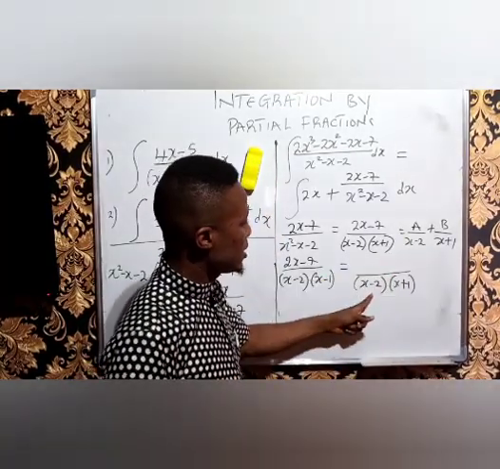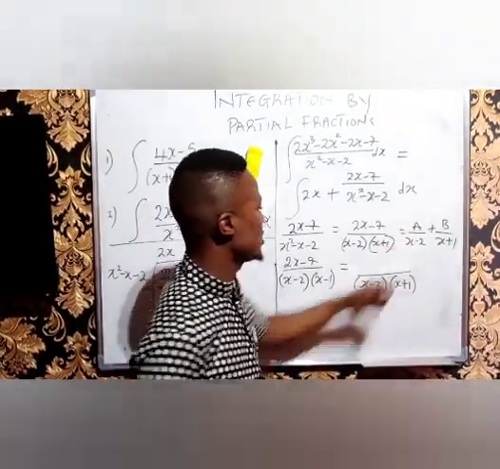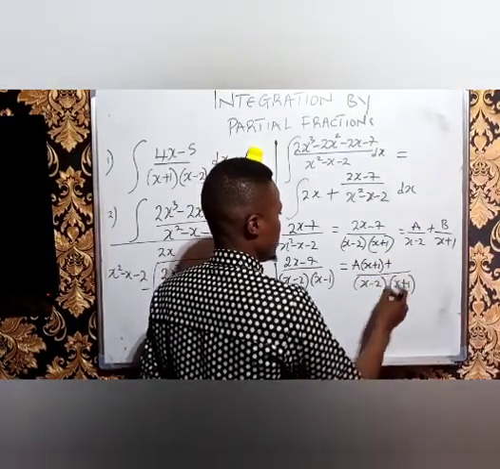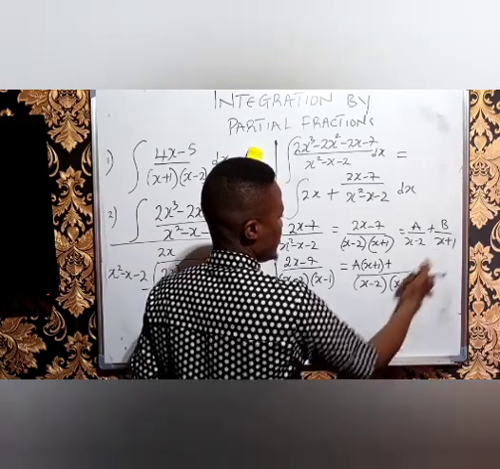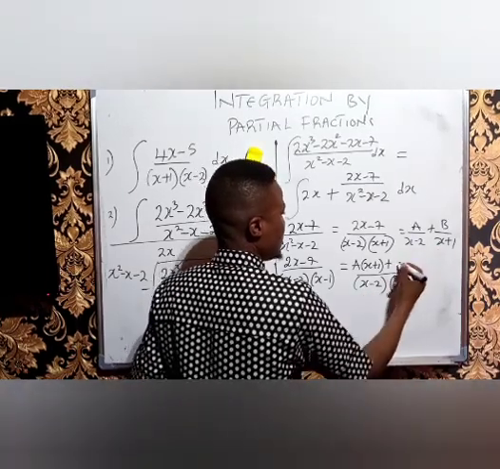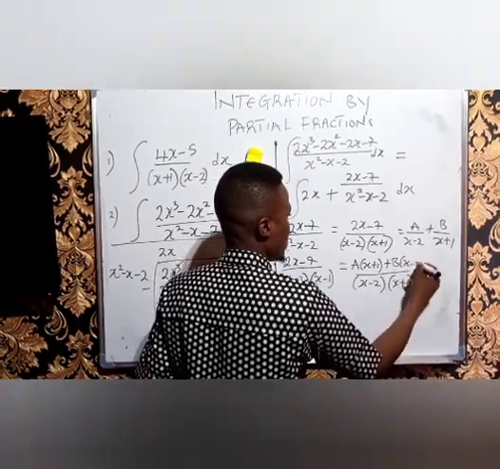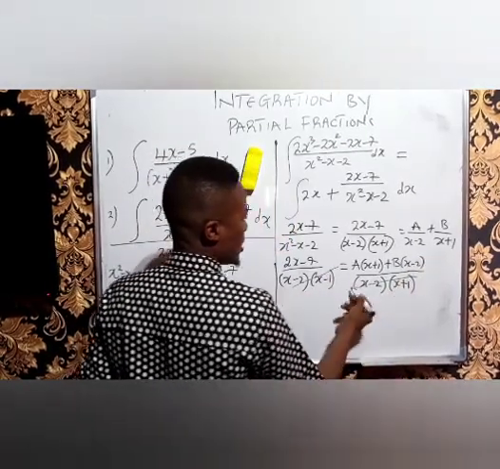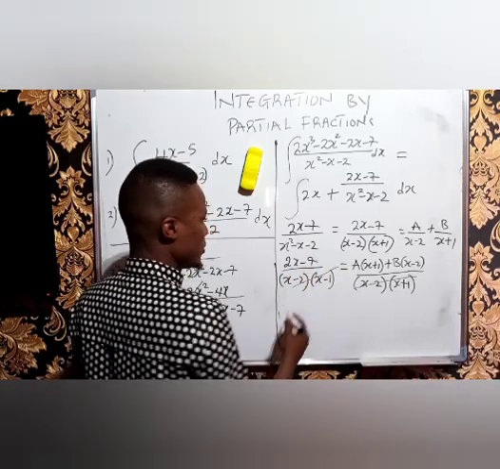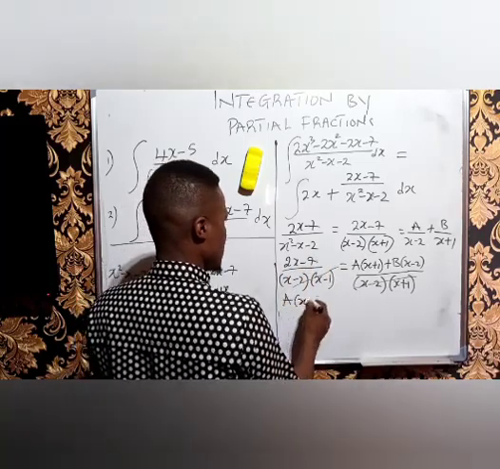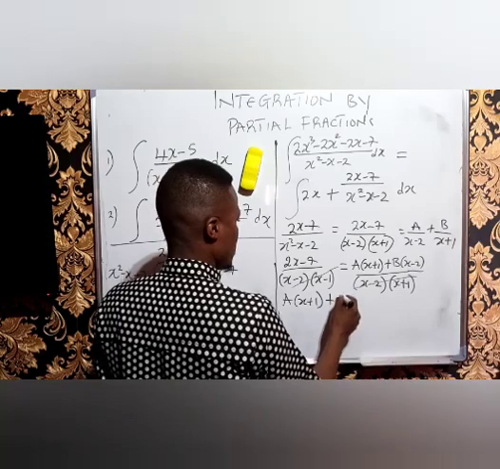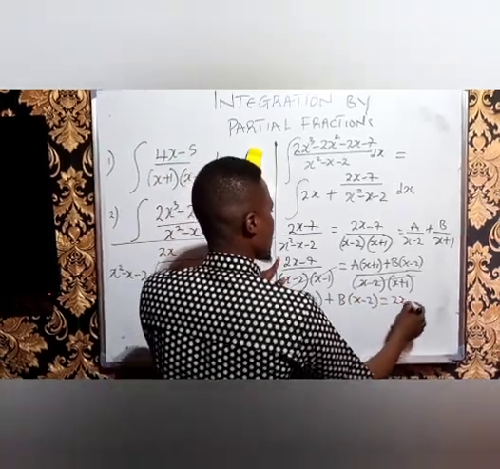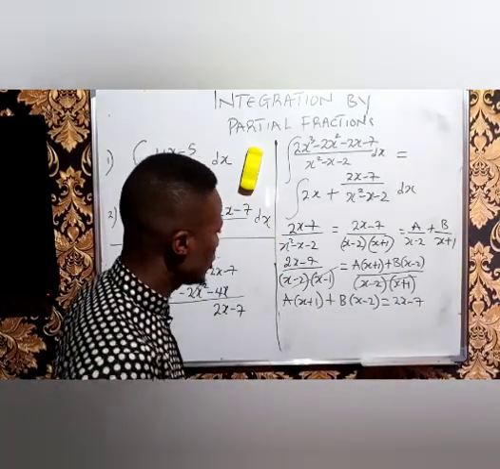Dividing (x - 2), we are left with (x + 1) times A, so we have A(x + 1), plus, dividing this, we are left with (x - 2) times B, B(x - 2). This and this are equivalent, they cancel each other, so we have that A(x + 1) + B(x - 2) equals 2x - 7.